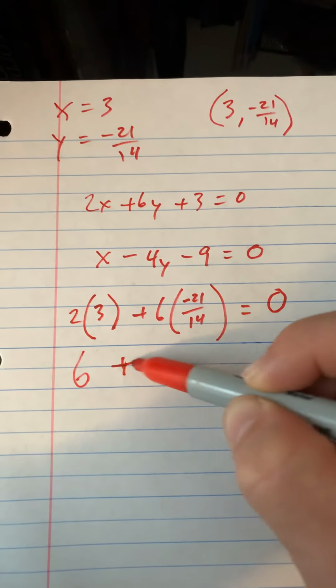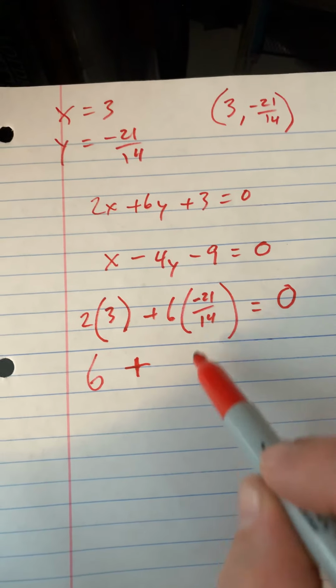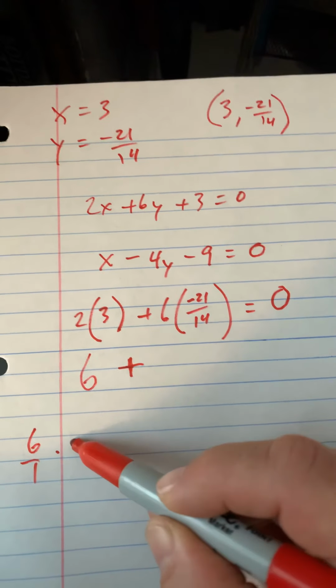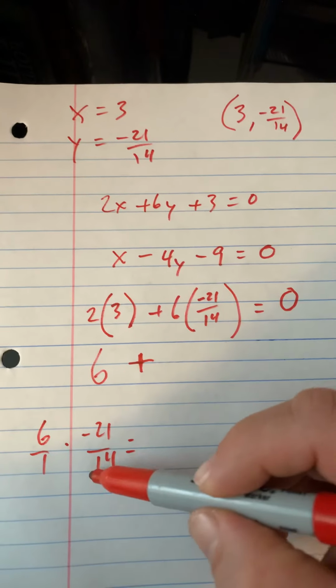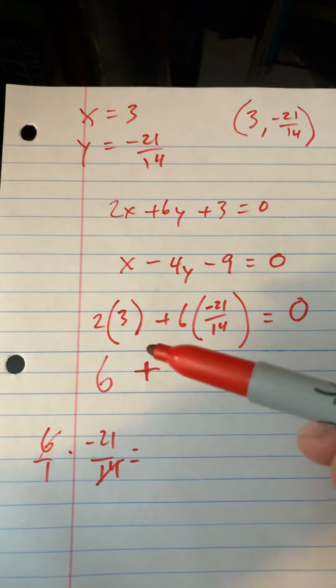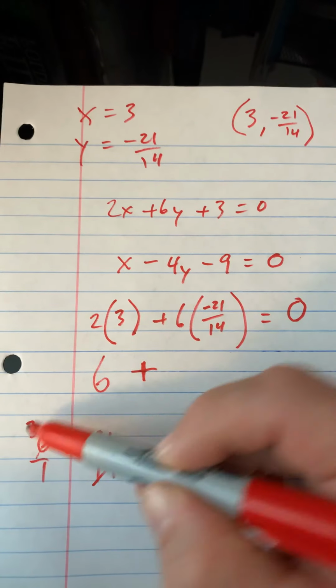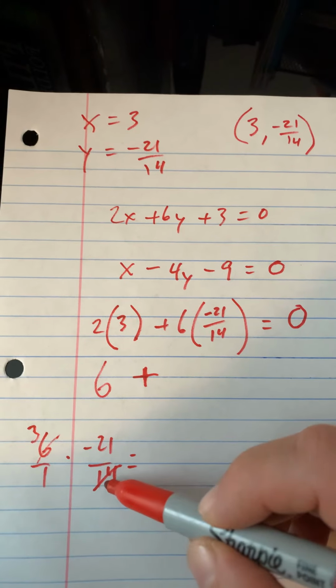plus, okay, I've got a little bit of math to do here, right? I'm going to bring all this down here. So 6 over 1 times negative 21 over 14. We can do some cancellation here. These are both divisible by 2, so that gives me 3 and 7.